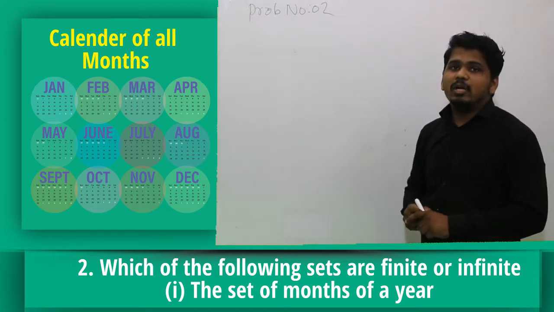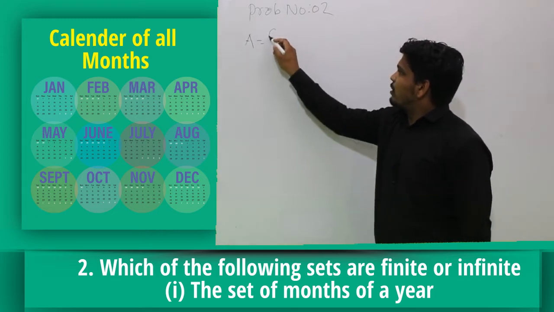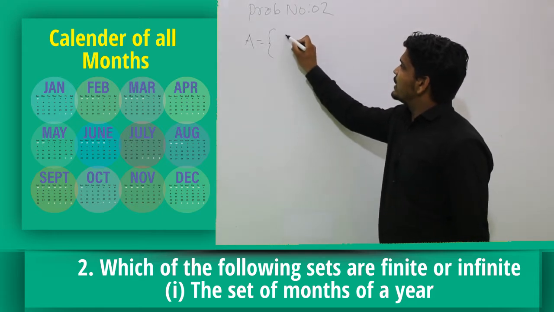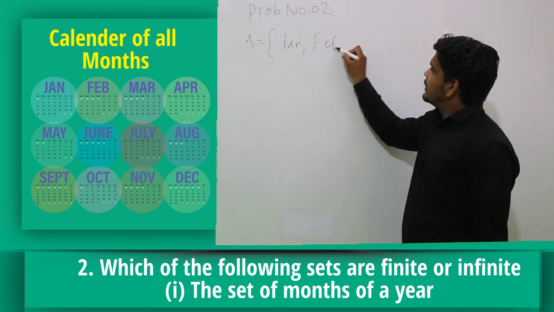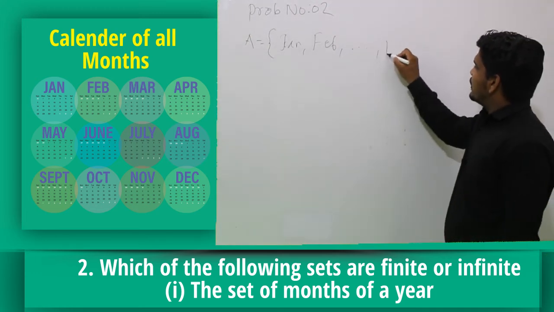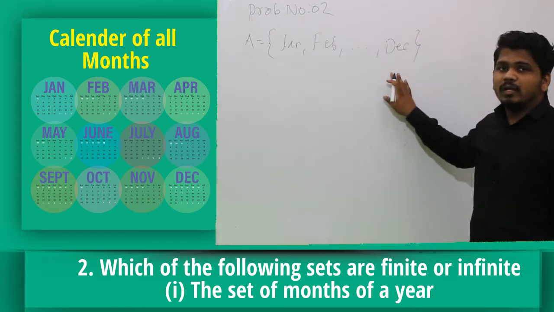Suppose my first set A is the set of months of a year, that I will write here: January, then February, and so on. You can have March, April, May, June up to December. Okay, these are the months of your year.